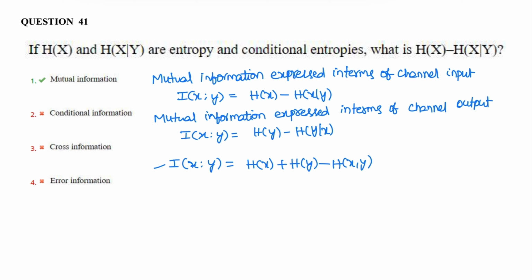This is mutual information in terms of channel input, mutual information in terms of channel output, and mutual information in terms of joint entropy.